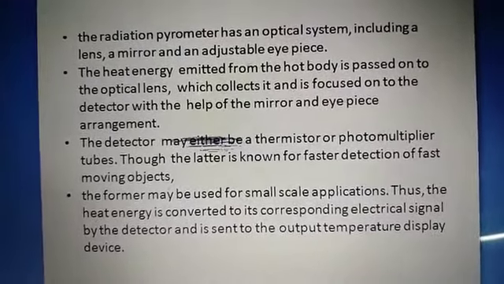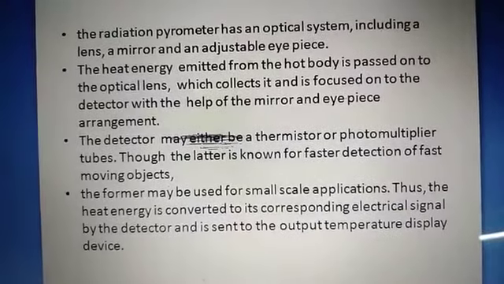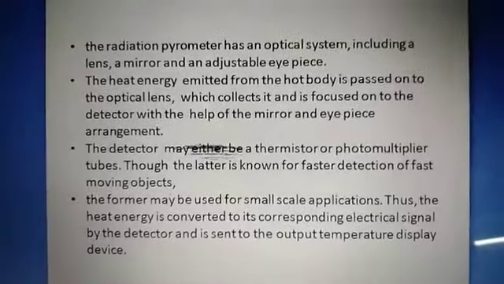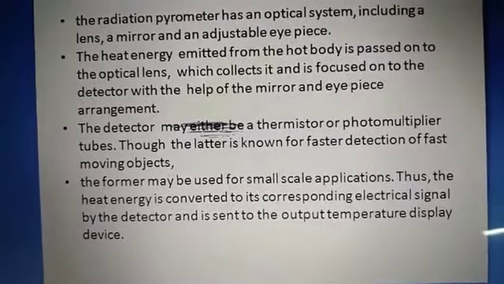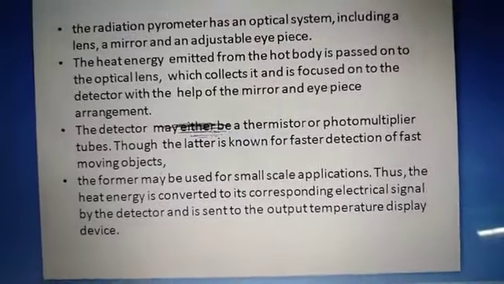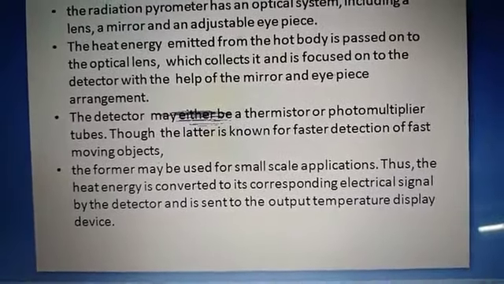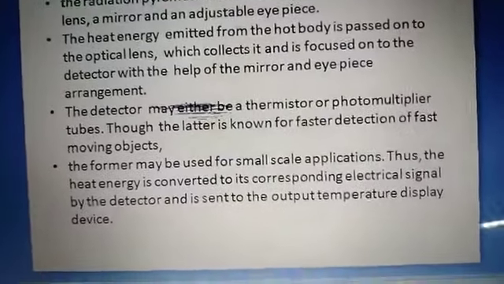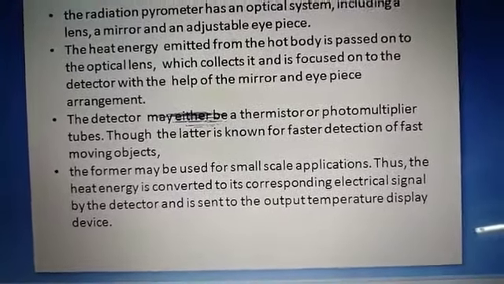The thermocouple detects this heat energy and converts it into a voltage. The detector may be either a thermistor, a photomultiplier or a photodetector. The latter is known for faster detection, for fast moving objects. The former may be used for small scale applications.